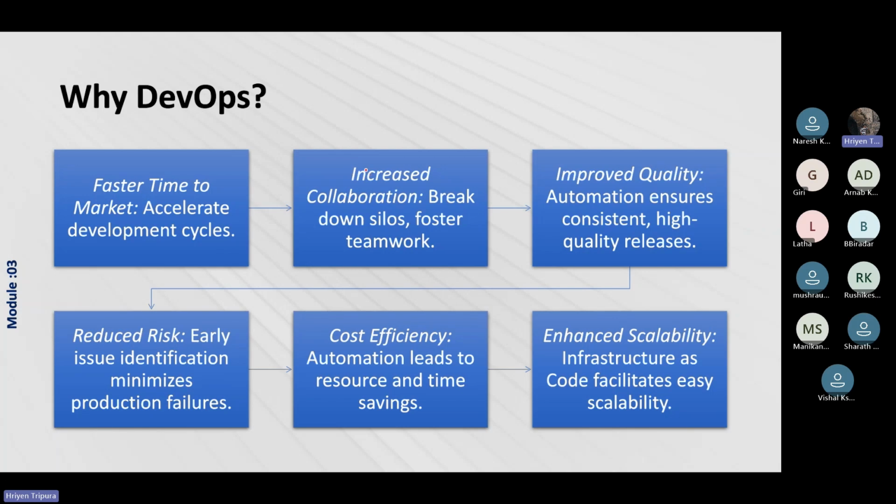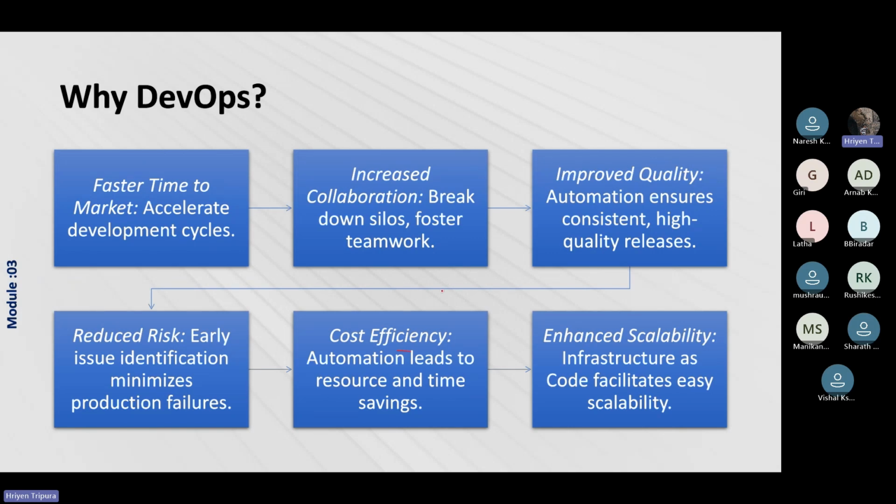Now, increased collaboration, definitely, as I told you, because it is only one person. They break down silos, faster teamwork. Then we have improved quality. Definitely this will be possible. Then reduced risks and cost efficiency. Obviously cost also, if you can automate whatever is possible, that can save a lot of costs.